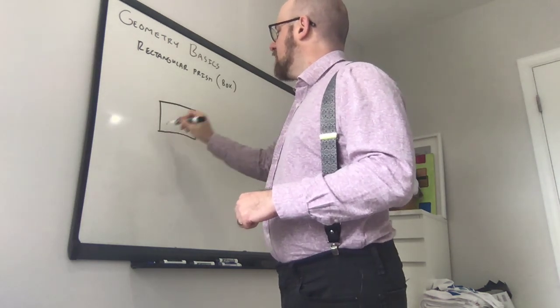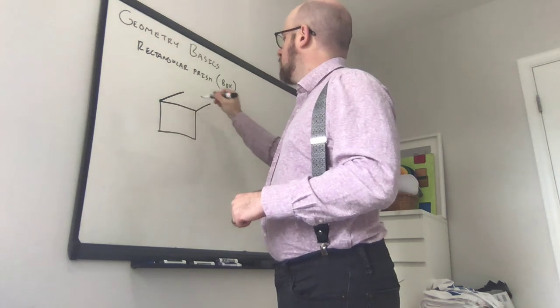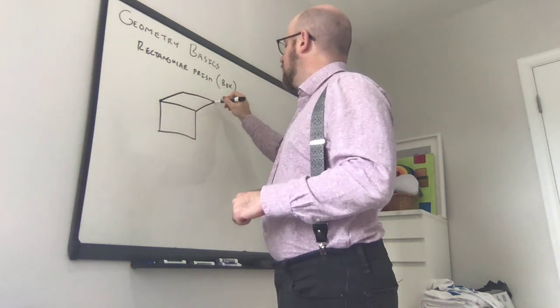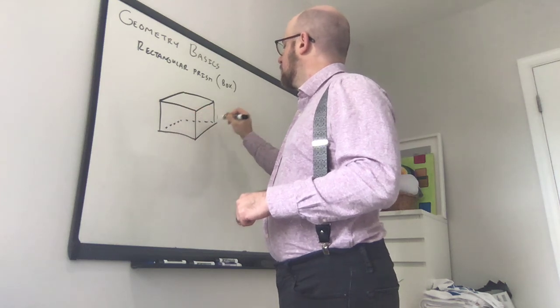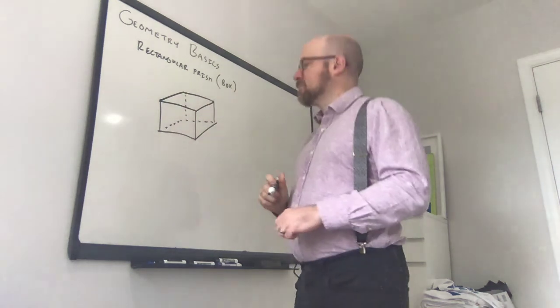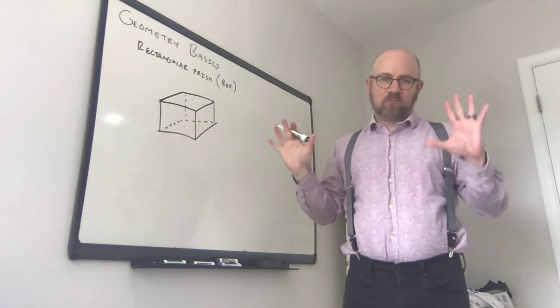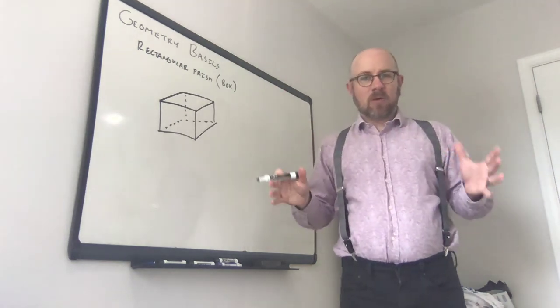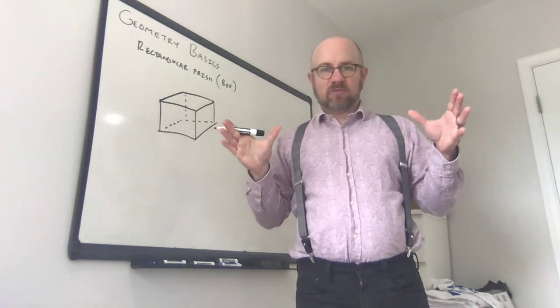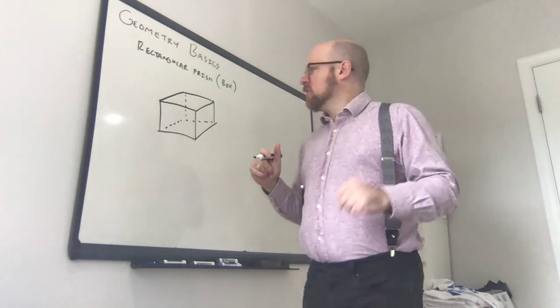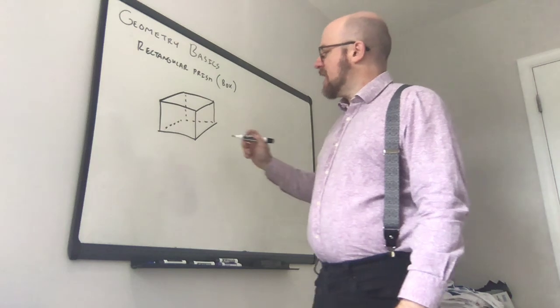This is a shape which has rectangles on each side. A box is an example: anything that is rectangular on each side. This is a pretty easy shape to understand.